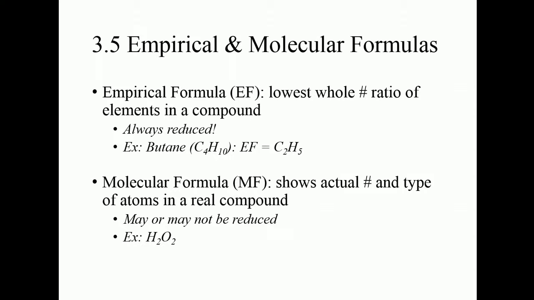If you think about water, however, H2O, which is also a real compound, that one has 2 H's and 1 O, so it's a 2-to-1 ratio, and it is reduced or simplified. So the important distinction is empirical is always reduced, and a molecular formula represents something that's actually a legitimate real formula.